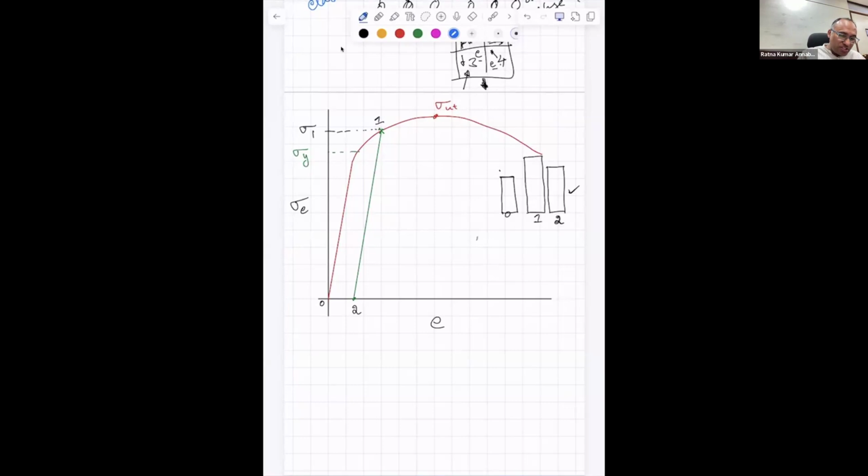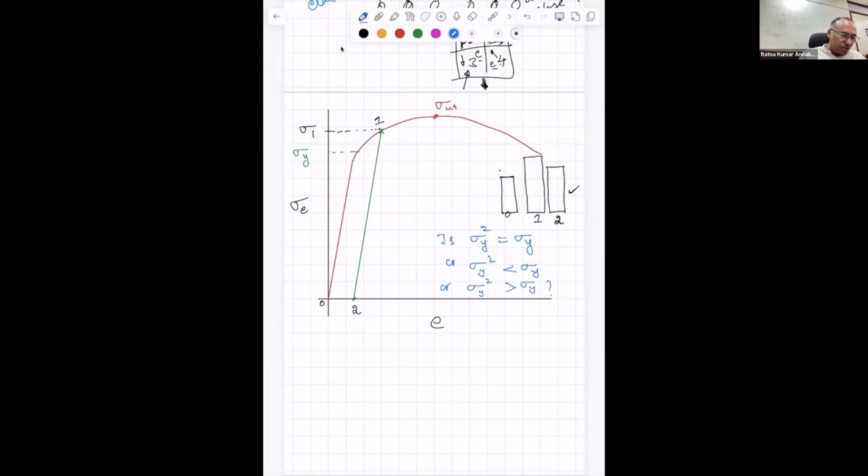Whether the specimen 2's yield strength will be the same as the yield strength that I have measured originally, or specimen 2 yield strength is less than sigma y, or greater than sigma y. What is your assessment? Less than sigma y.